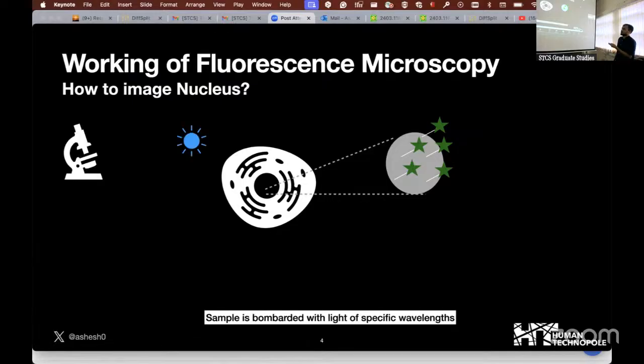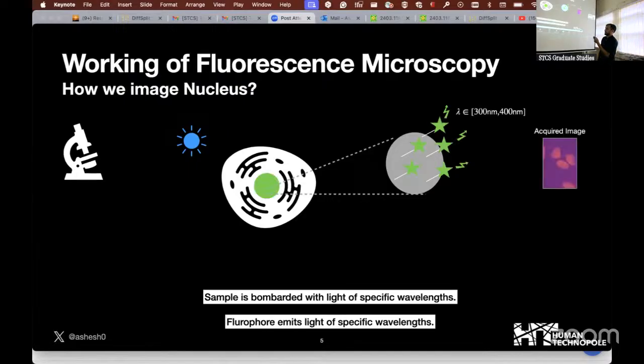So you attach your fluorophore to the nucleus, you put your specimen under the microscope and you shine light. It starts to emit specific wavelengths, you collect them, and from optics you get an image. That's how it works.